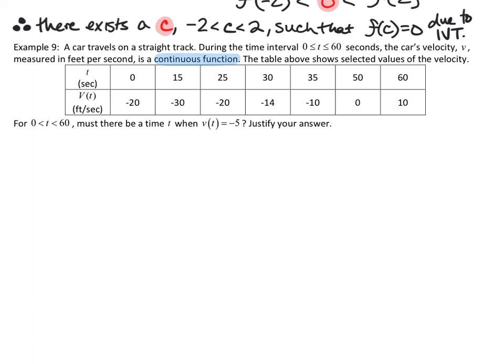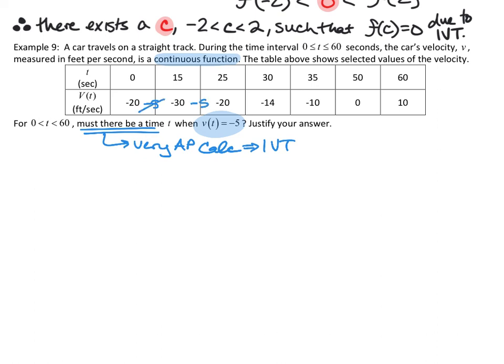This vocabulary right here that says must there be a time, that's very calculus. So have your spider senses go off that we should be looking at the intermediate value theorem because we're looking for a specific time on our table or in our intervals. So what we're looking for is an output of -5. Would an output of -5 be here in between these two values?